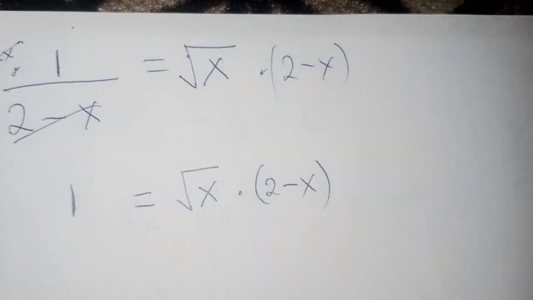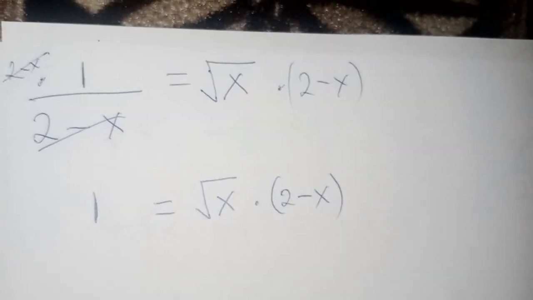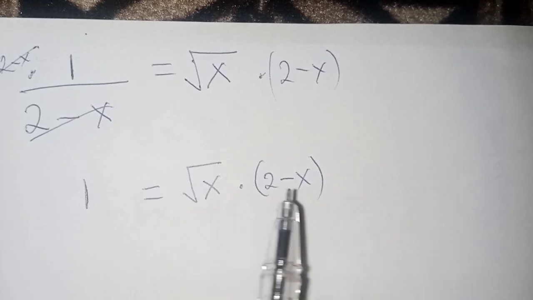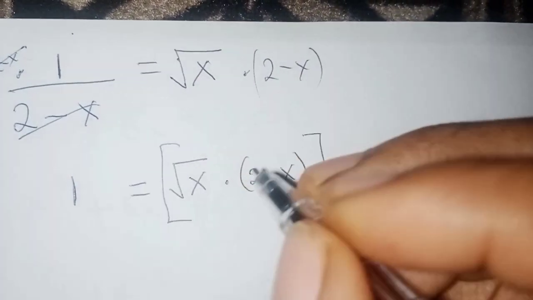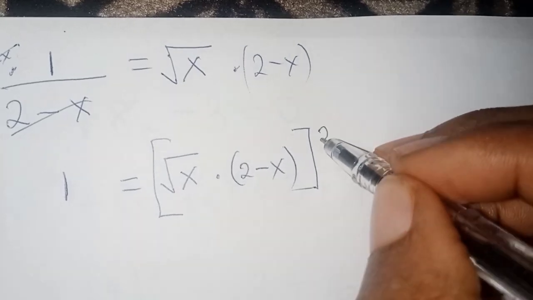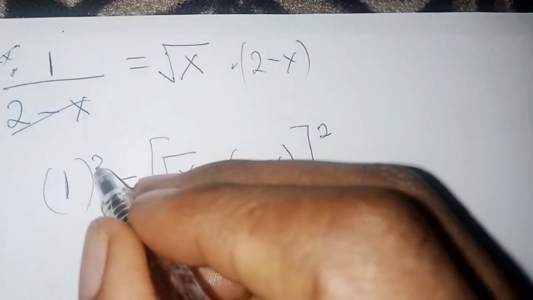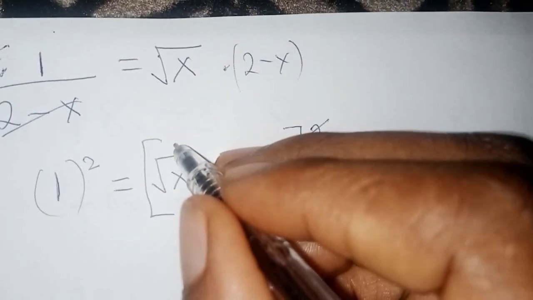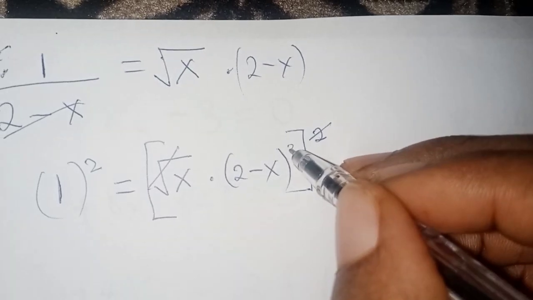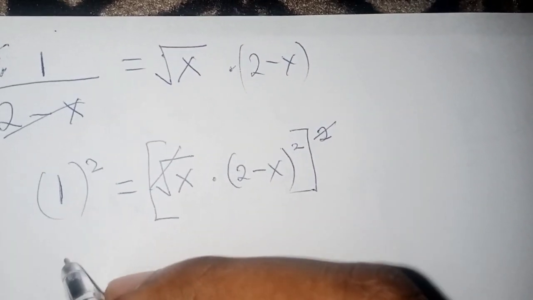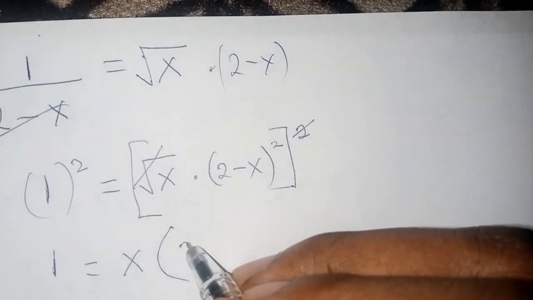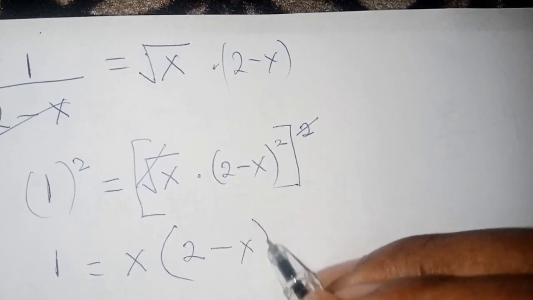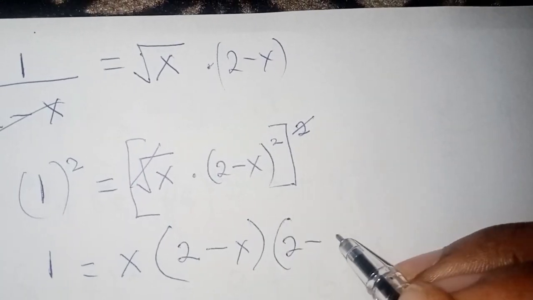The next thing we are going to do, we're going to take the square of both sides. Taking the square, this cancels this and the square on this one remains. So we have 1 here and we have x times the bracket 2 minus x, squared.